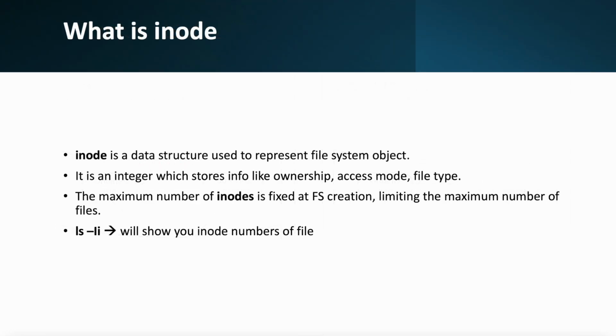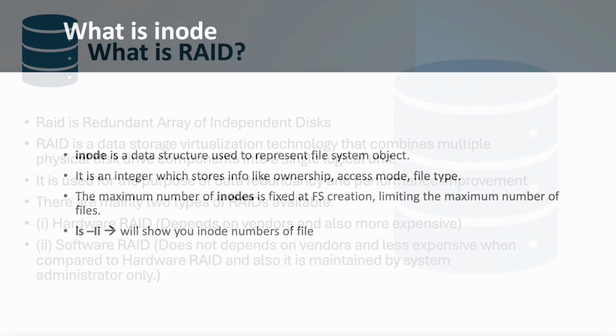What is an inode? An inode is a data structure used to represent a file system object. It is an integer which stores information like ownership, access mode, and file type. The maximum number of inodes is fixed at file system creation, limiting the maximum number of files. To list the inode, the command is ls -li.